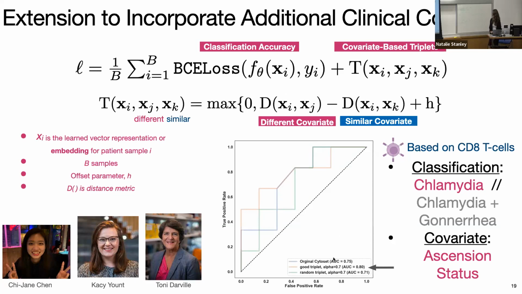And you could see that when we compare it to the original CyTOF model, which is in blue, you could already predict it well, but when you incorporated this extra information about these other covariates, you can predict this even better, which is really nice. So this is just one example of how we can tie in this extra information.